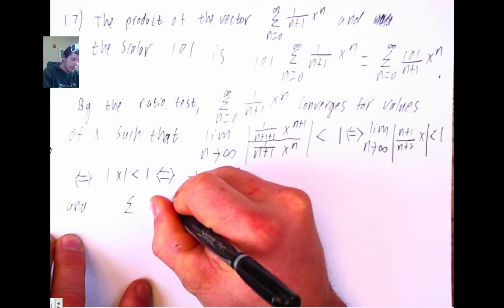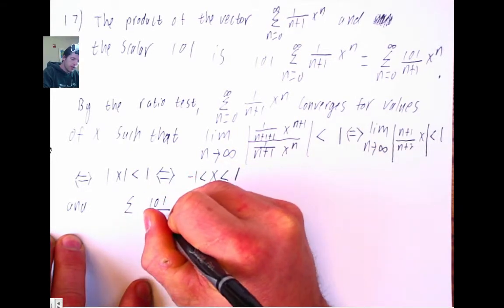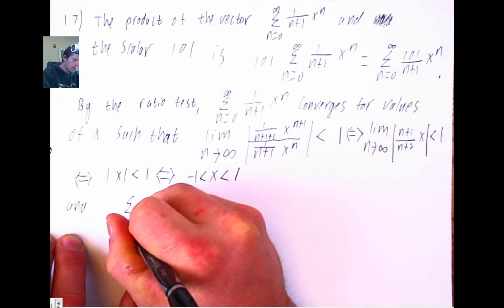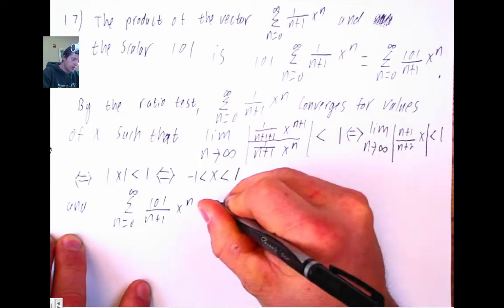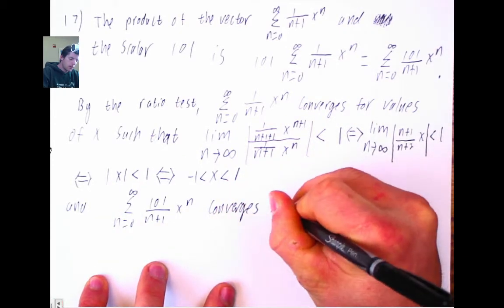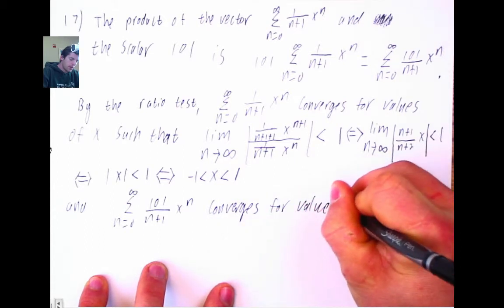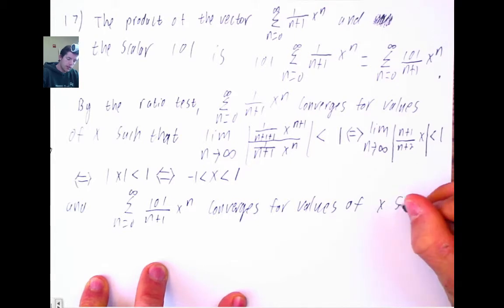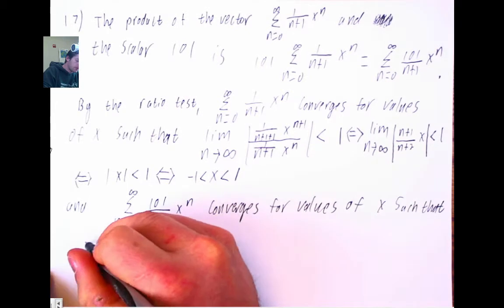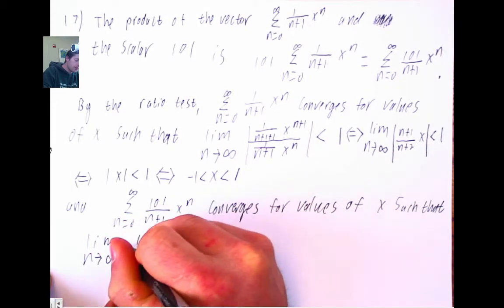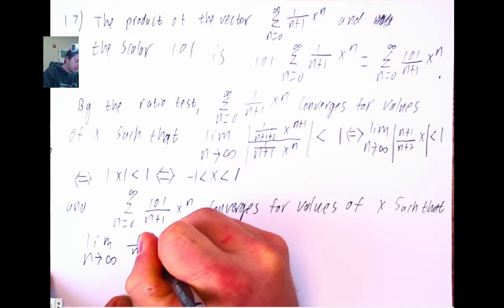Let's see, we do the same thing for this series. Converges for values x such that, and this time we'll have the limit as n goes to infinity of 101 divided by n plus 1 plus 1.